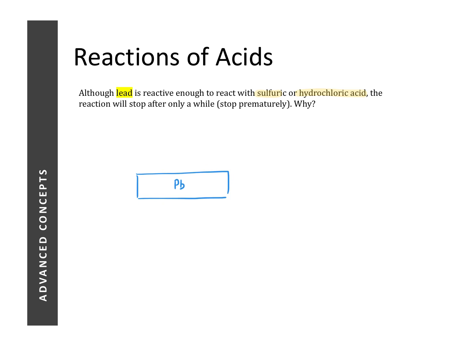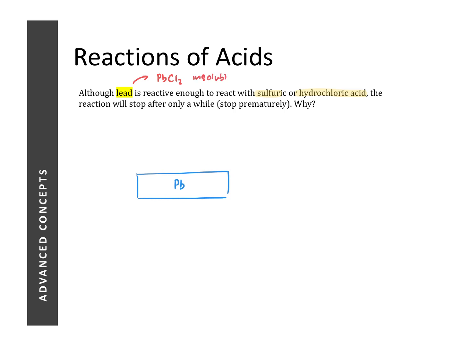When lead reacts with hydrochloric acid, for example, the salt that is formed is lead 2 chloride, and we have learned in the solubility rules that lead 2 chloride is insoluble.